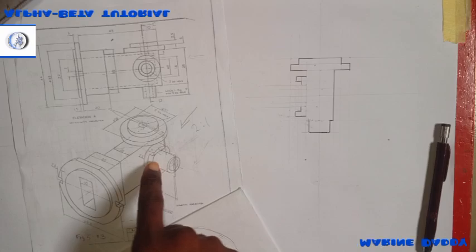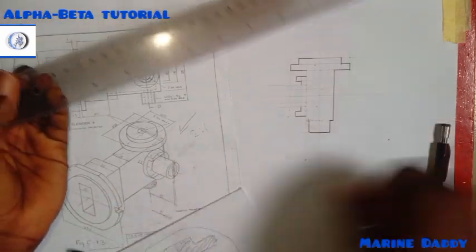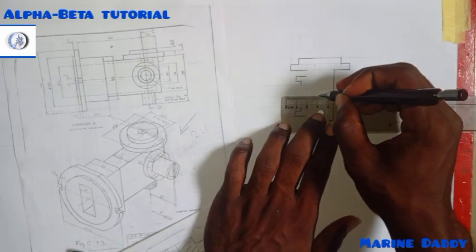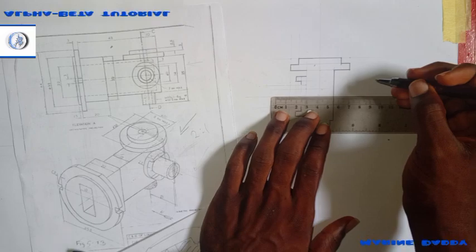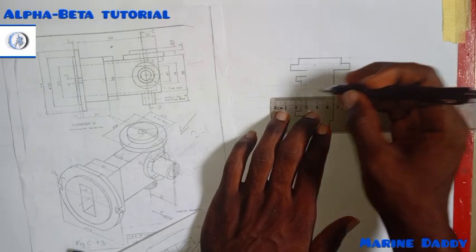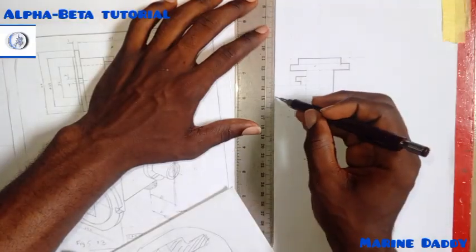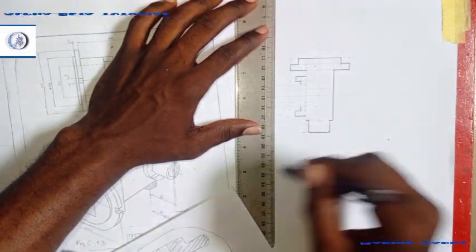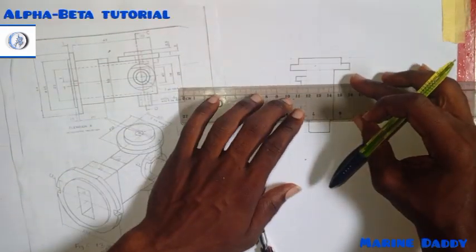They did not tell us the length from here to here, but they told us to the center, so I will just make reference to the center. That's this center. They said it's 21. So I'm using 42. So this is 42. The 2 is here. Understand? So from here, I can draw.